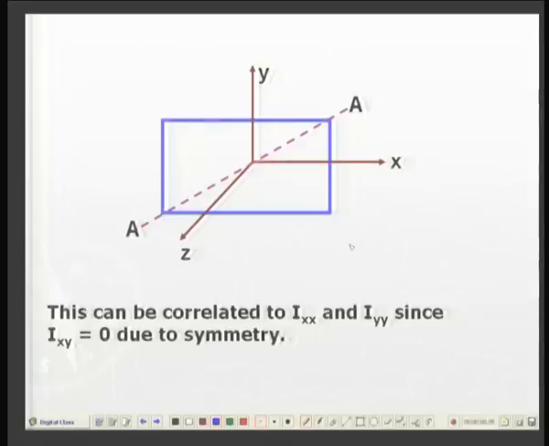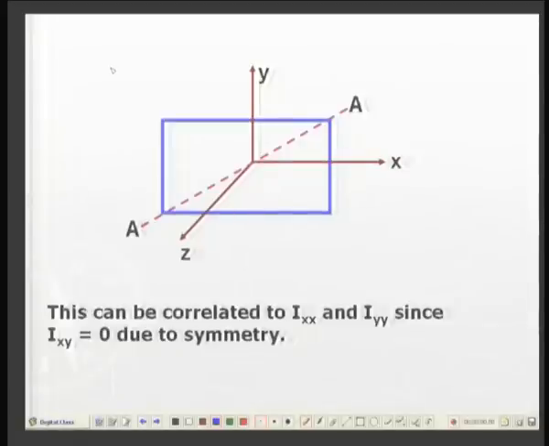I will give you a very simple example. As you will learn in dynamics, the moment of inertia plays an important role in the rotation of solid bodies, since the moment or torque causing the rotation of the body depends upon the moment of inertia about the axis about which the rotation is taking place.